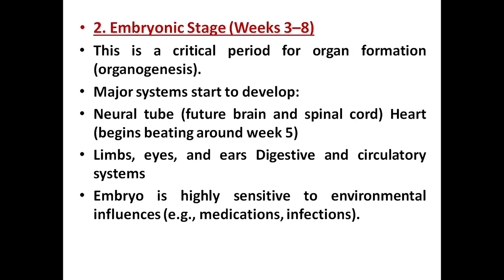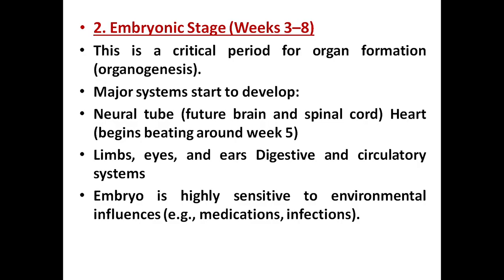Next, the second one is the embryonic stage. Weeks 3 to 8 are a critical period for organ formation, organogenesis. Major systems start to develop. So in this embryonic phase, there is major organogenesis, meaning formation of the organs. First is the neural tube, the future brain and spinal cord.